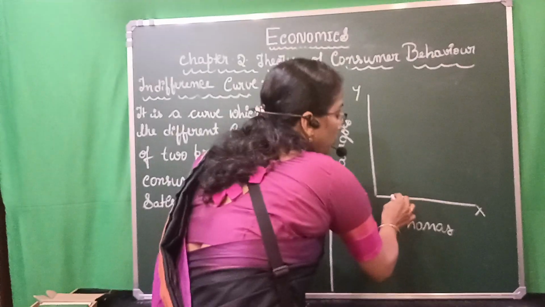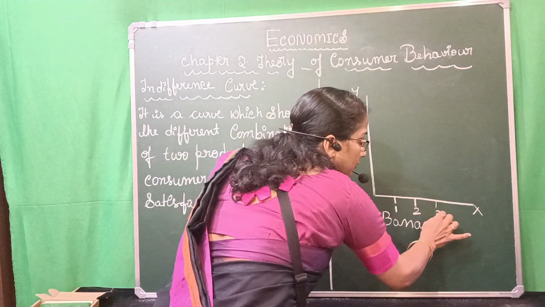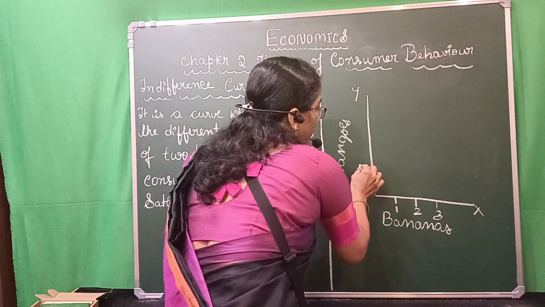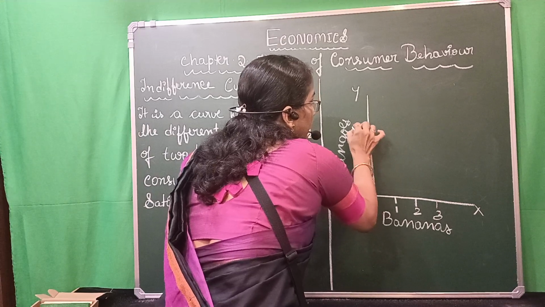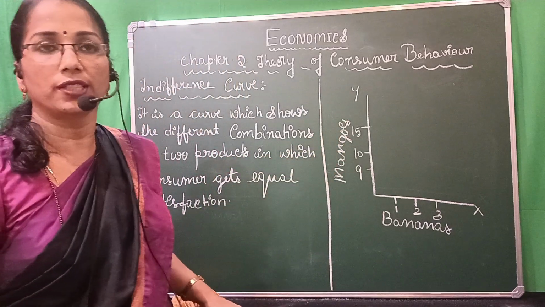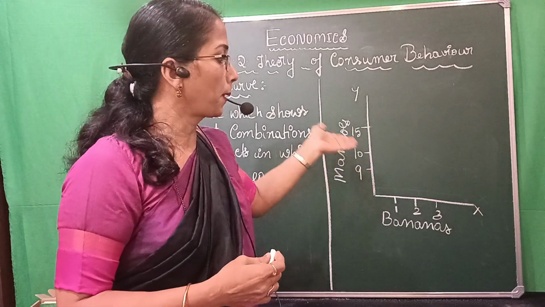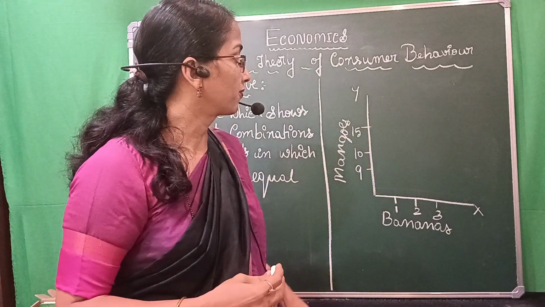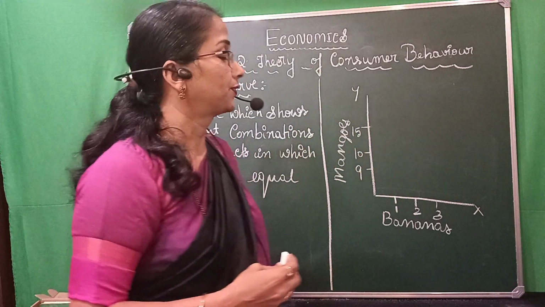Let us mark the units of bananas as 1, 2 and 3, and units of mangoes as 9, 10, 15. There is no such rule that you have to take only these units. You can take your preferred units, but in my example I am taking bananas 1, 2, 3 and the number of mangoes consumed 9, 10, 15.